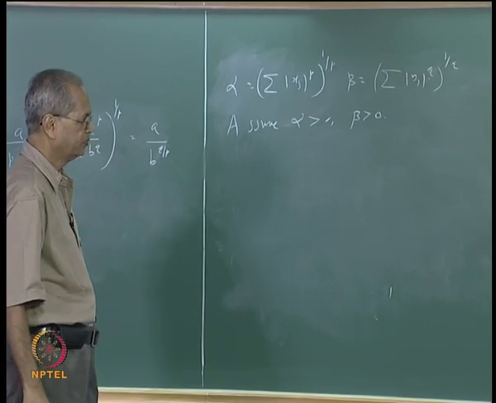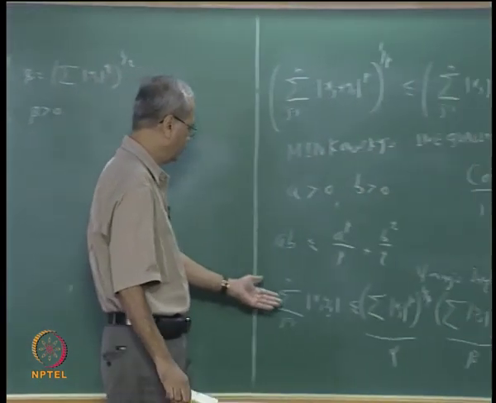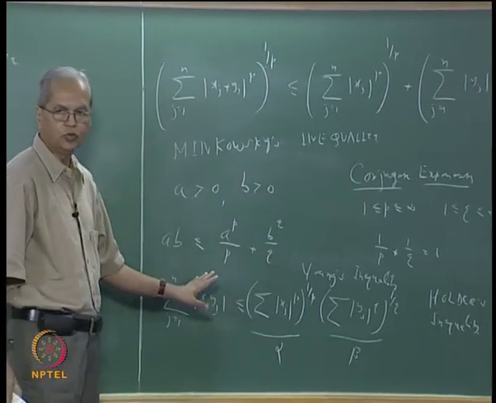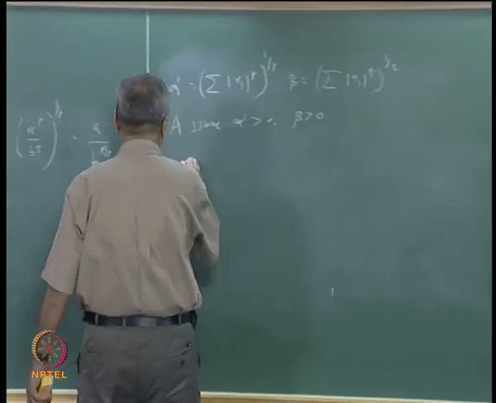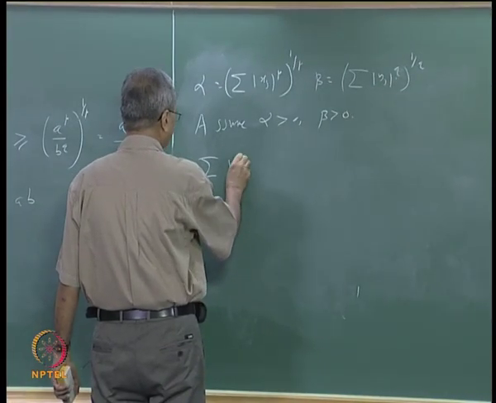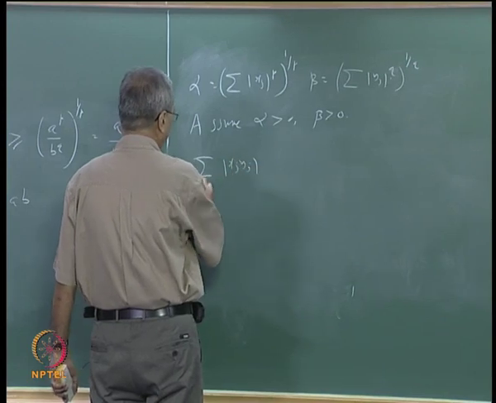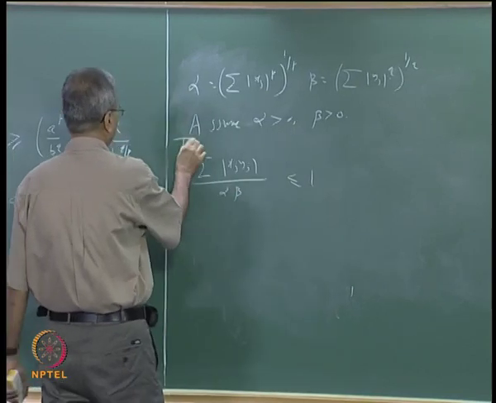What we need to prove is that sigma j going from 1 to n mod xj yj is less than or equal to alpha into beta, which, because alpha and beta are both bigger than 0, is the same as saying that sigma mod xj yj divided by alpha beta is less than or equal to 1. This is what we want to prove.